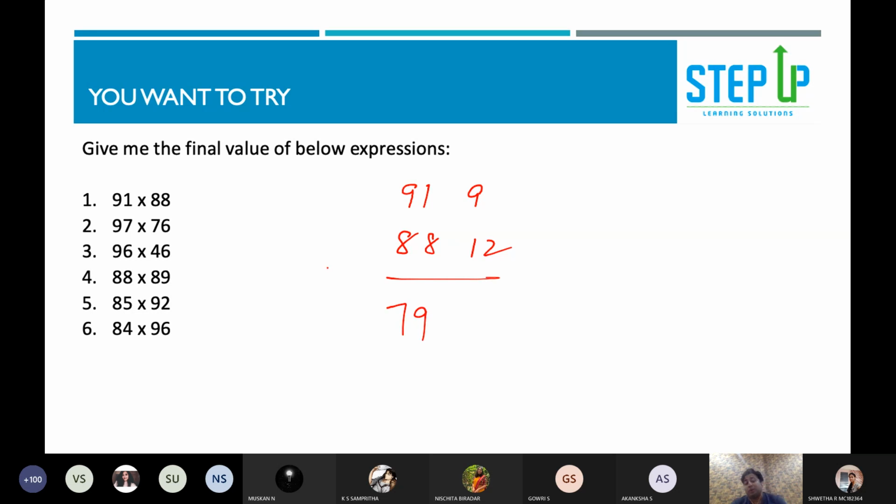And the beauty of this is that 88 minus 9 is 79, and 91 minus 12 is also 79. It doesn't matter which subtraction you take. You can take either cross term, you will always get the same answer. Right? So the answer is 8008.